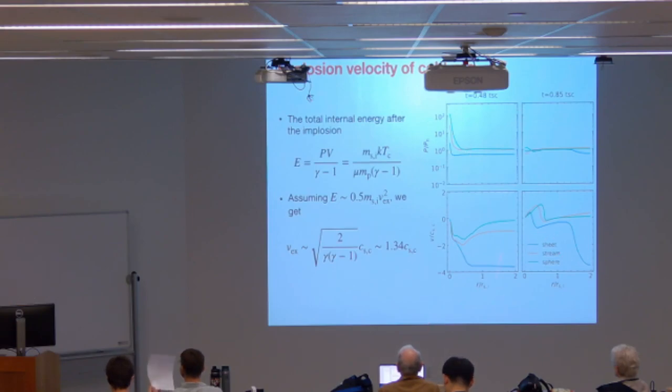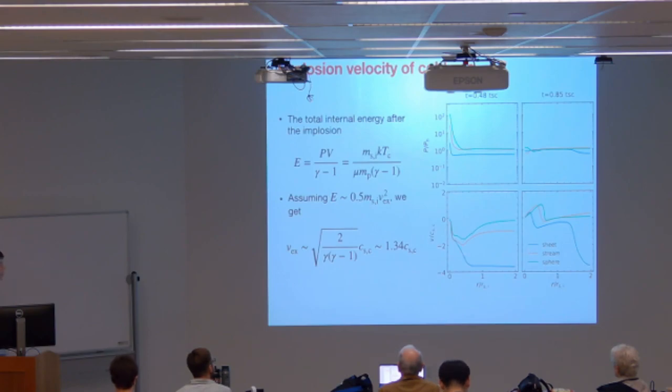The first column is when the central pressure reaches the peak, which is during the peak phase of the contraction, and the second column is when the pressure regains equilibrium and the velocity reaches its peak. We found that this explosion velocity is very close to the downstream flow velocity for the streams and spheres, but it's less for the sheet.